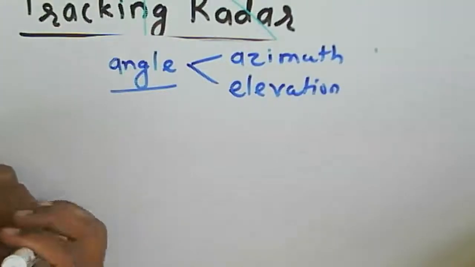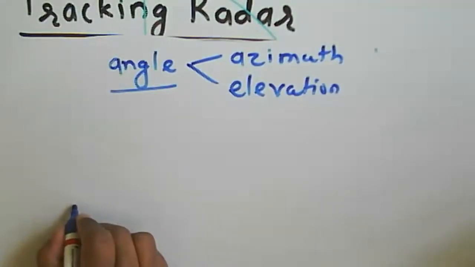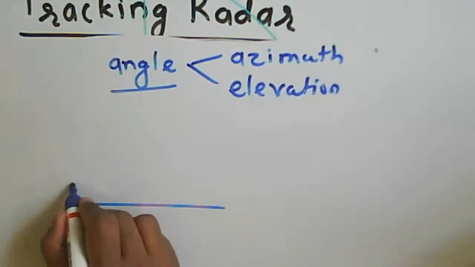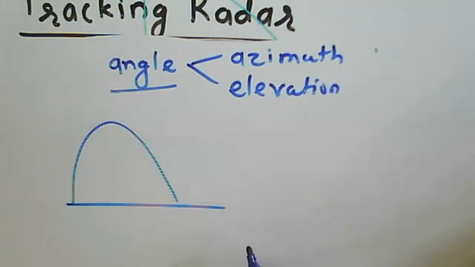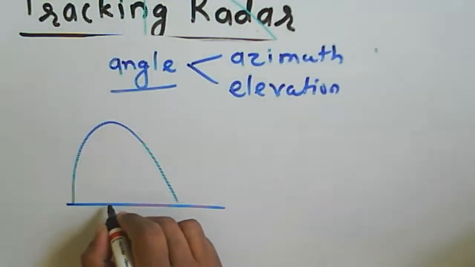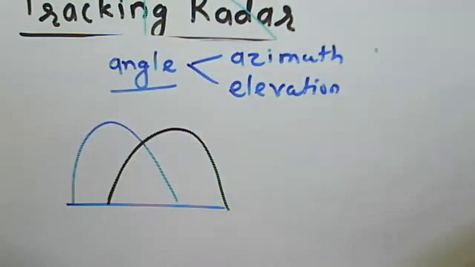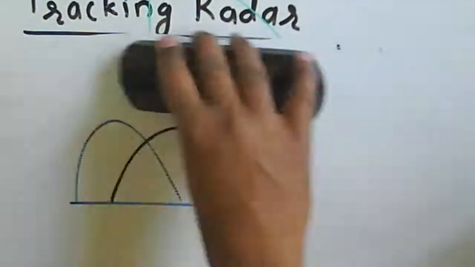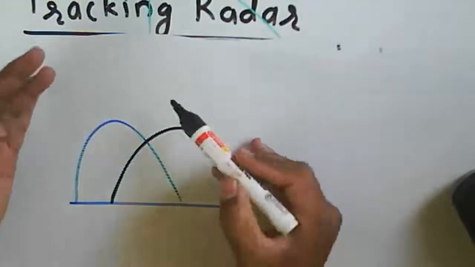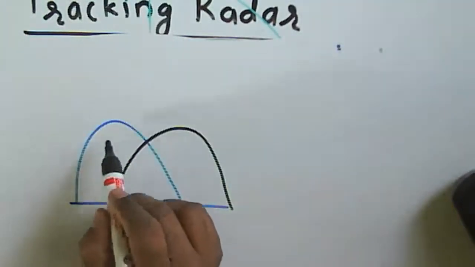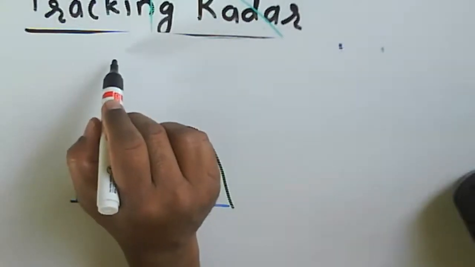For example, an amplitude pattern here we are getting initially for a given target, this one will be the radiation pattern, and then we are getting the radiation pattern likewise. In that case, our target is present in the forward direction. So initially this pattern will be A, suppose. At that point the target is here.